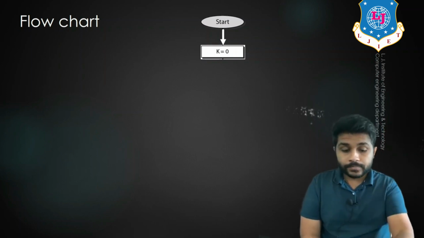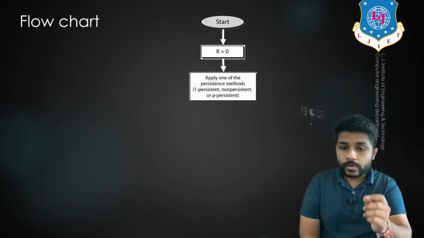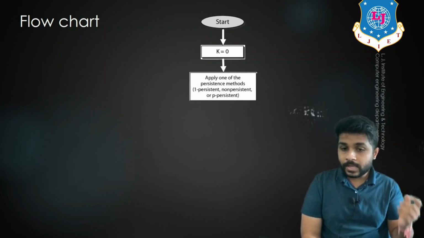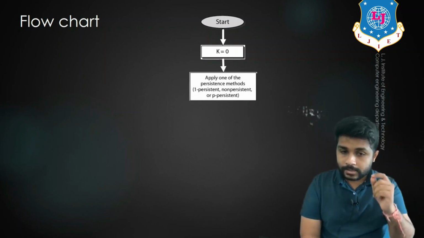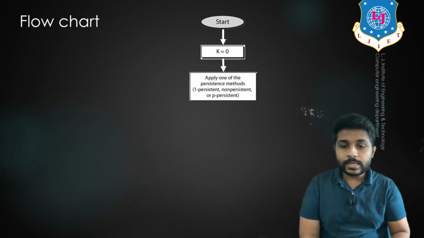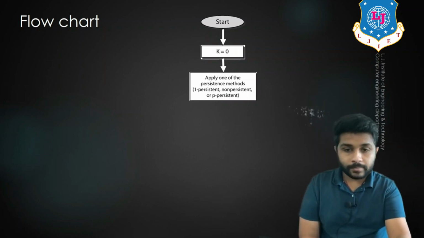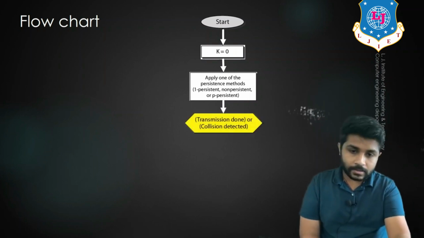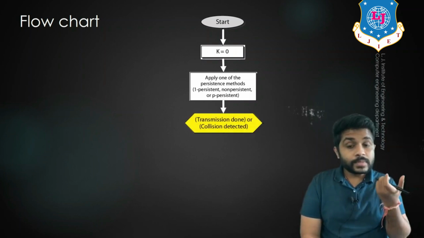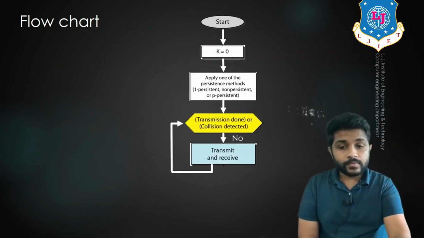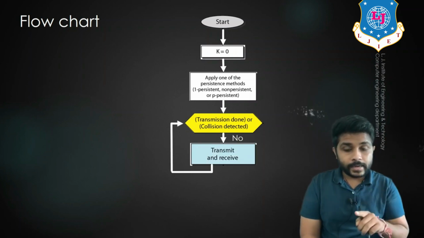Now in the first step, like we just saw, before sending data, the sender will sense the channel using any of the persistent methods. After sensing, if the sender finds that the channel is idle, the sender will send data.